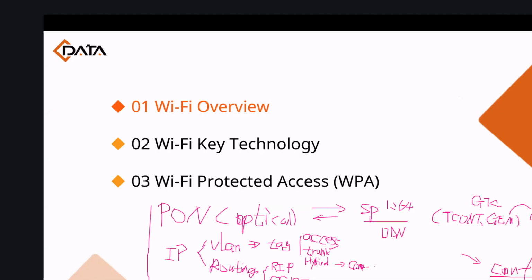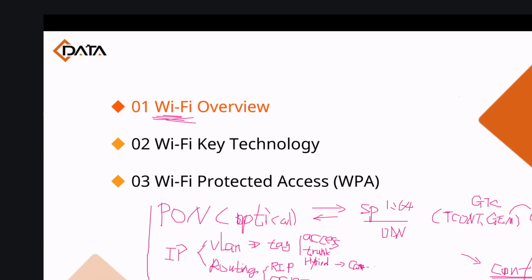But before we go to the configurations, I still want to introduce the Wi-Fi first. Why? Because the Wi-Fi we use every day, and it doesn't need much configuration, because the Wi-Fi setting is already in the ONU, right?